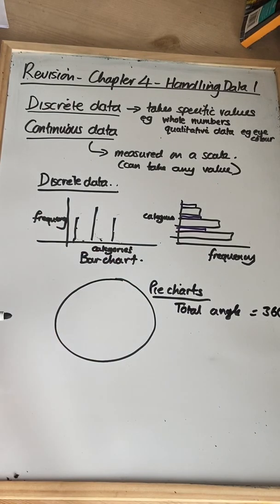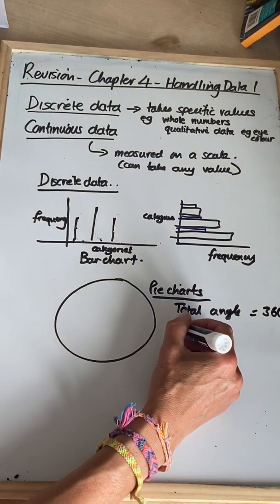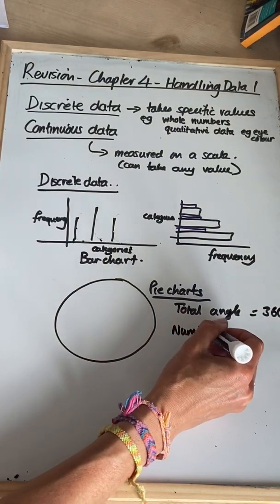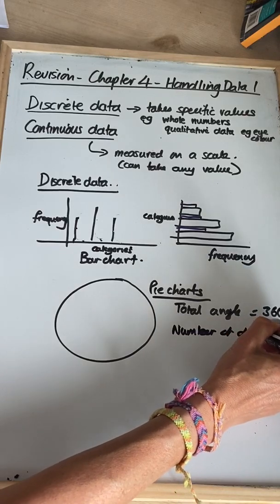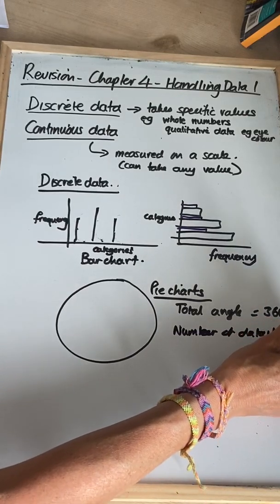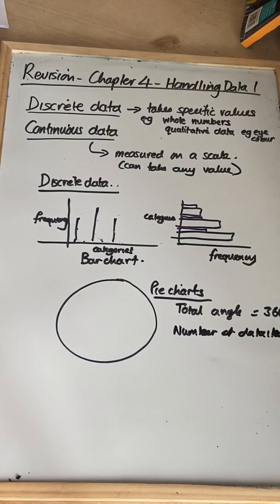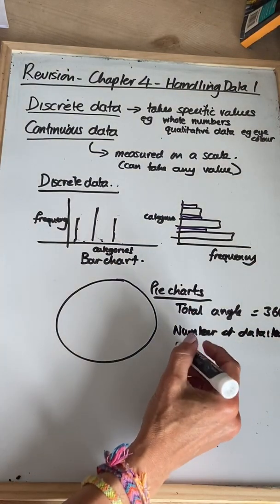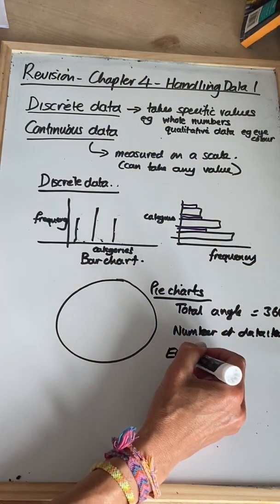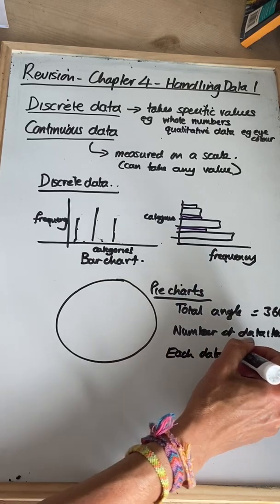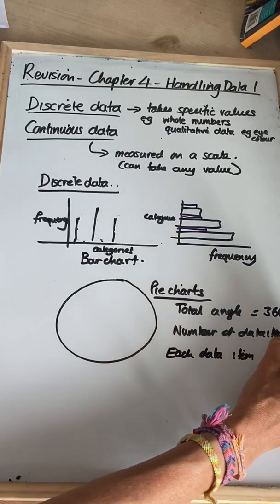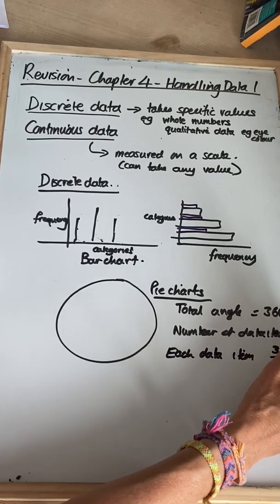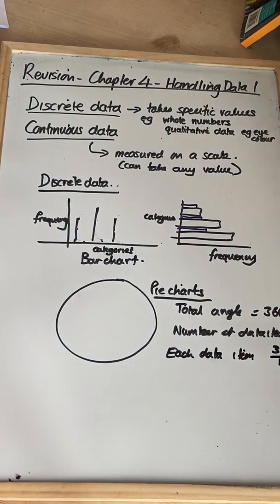How many data items have you got? So if we say number of data items equals n, then each of those data items takes up 360 over n degrees of your pie, of your circle.